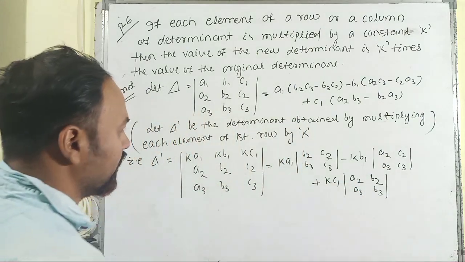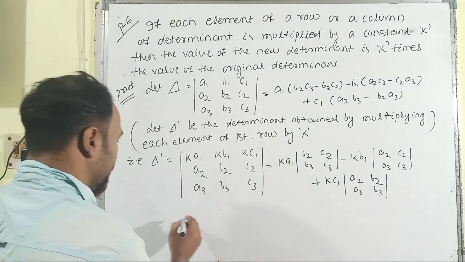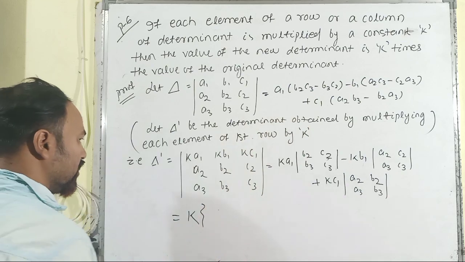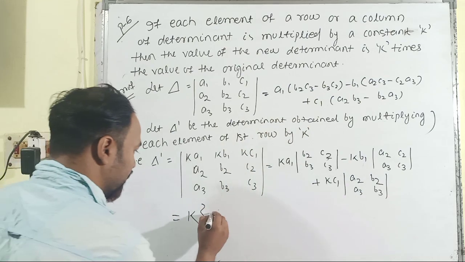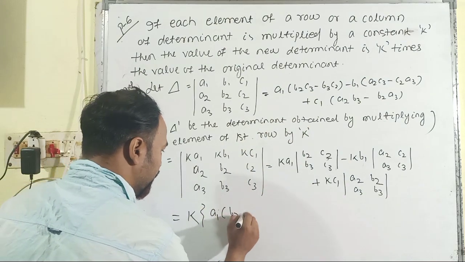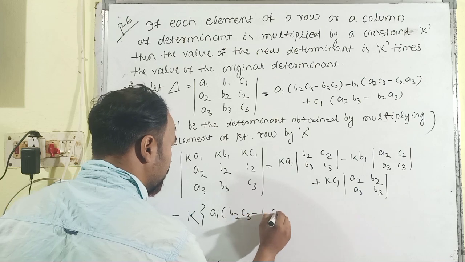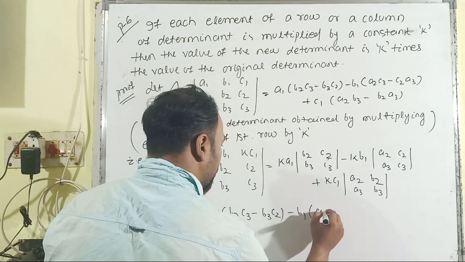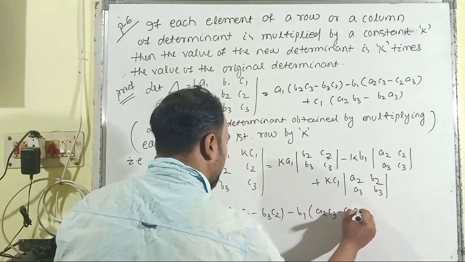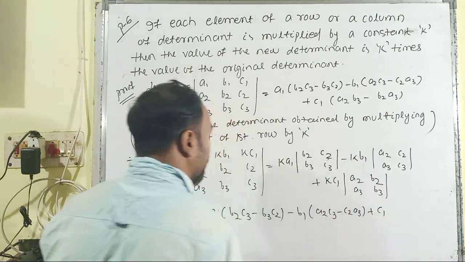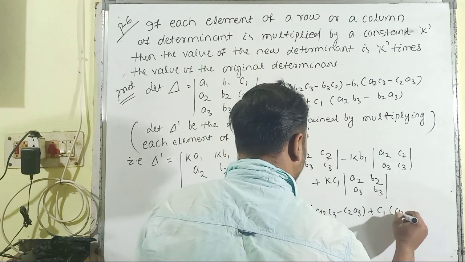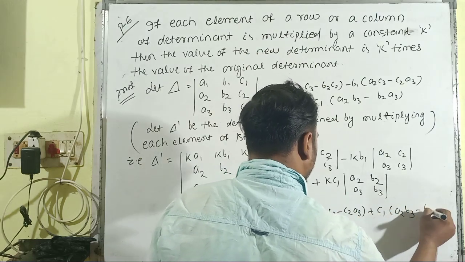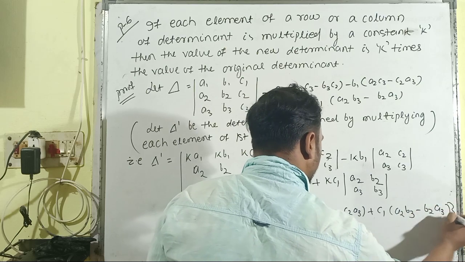Just taking the common constant k, and expanding all of the three determinants here, we have a1 (b2 c3 minus b3 c2), then minus b1 (a2 c3 minus c2 a3), plus c1 (a2 b3 minus b2 a3).